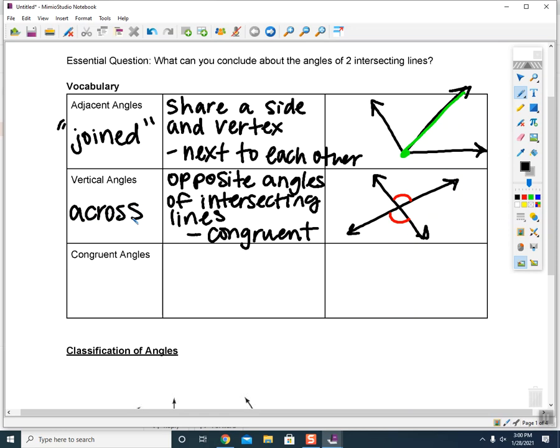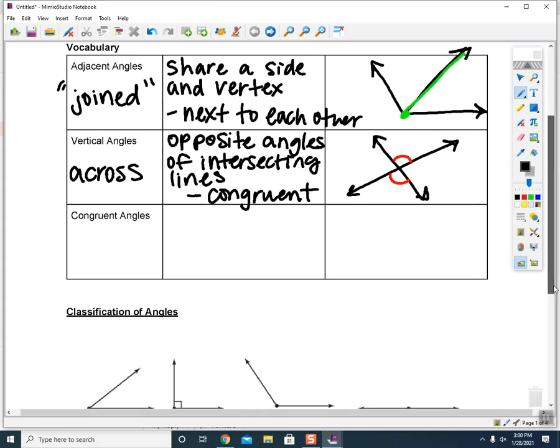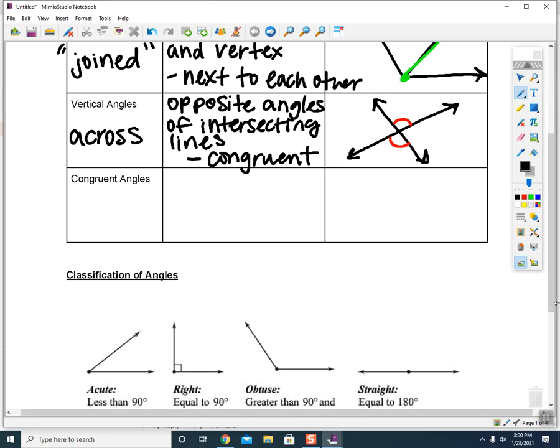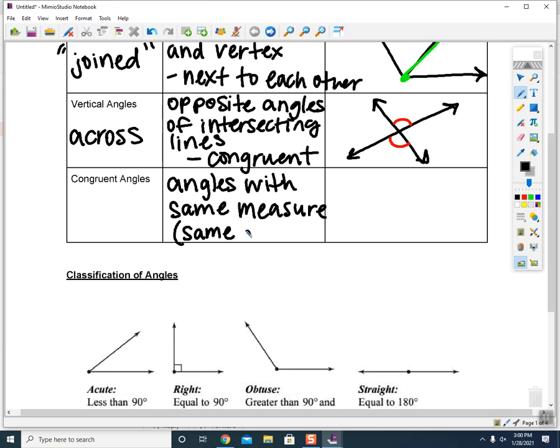Okay, I wrote that word congruent. So we also have what we call congruent angles. Congruent angles are angles with the same measure. And what I mean by same measure is they're the same degrees. Right, we talk about angles with degrees.